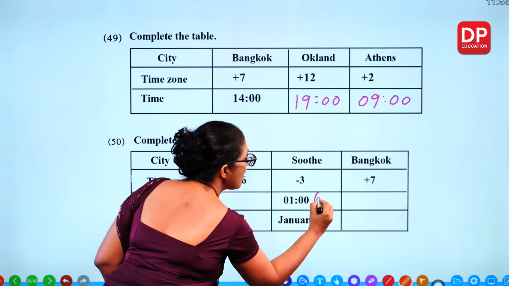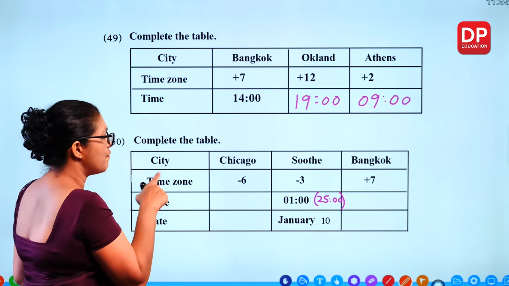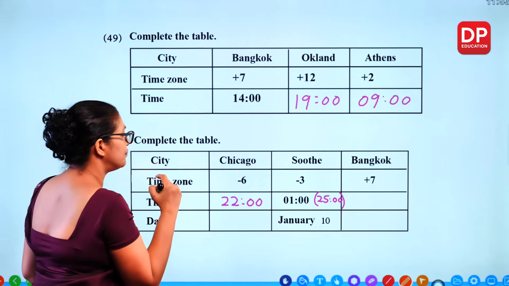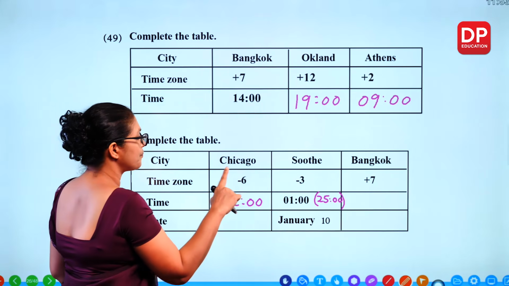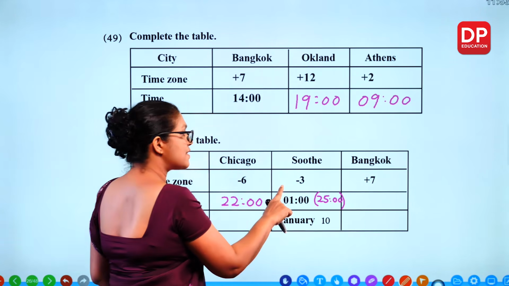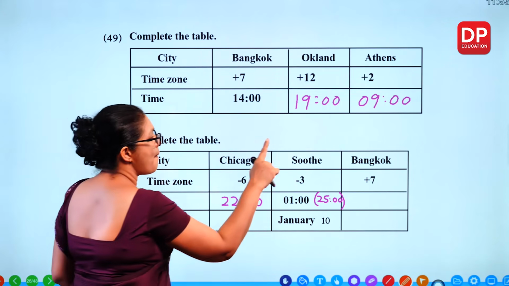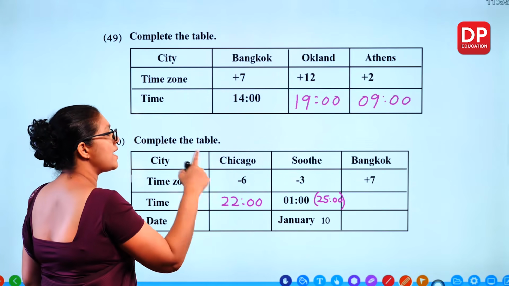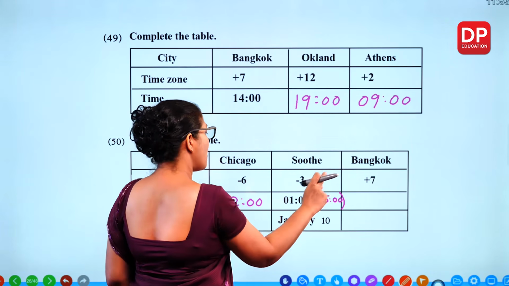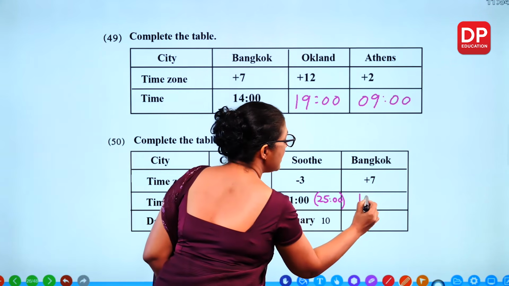If you take 25 and subtract 3 from that, you get 22. So this one, what's the difference here? Minus 3 and 7. The difference is 10, 7 minus minus 3. So you need to add 10 hours to this one. So 1 plus 10, that's 11.